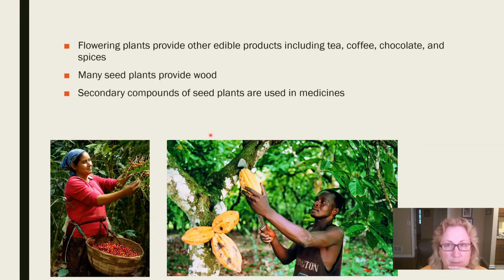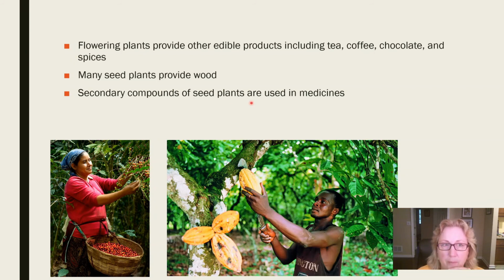Some of our other edibles that are from flowering plants include coffee and cocoa. Most of the wood that we burn is also from these plants, and many medicines as well.